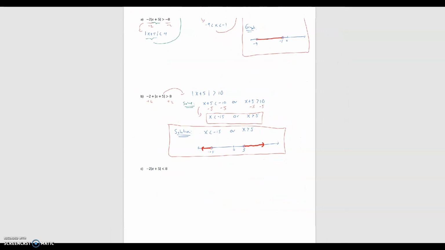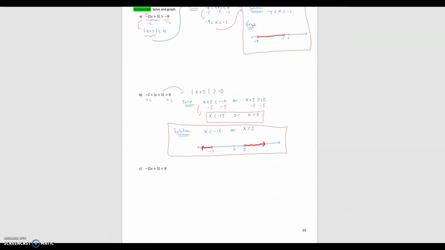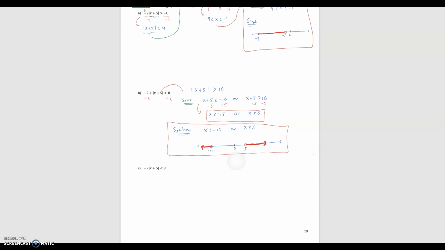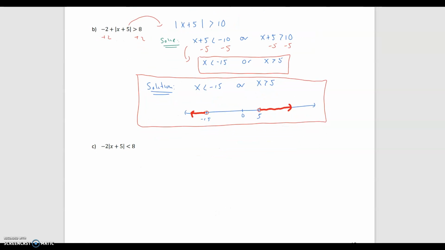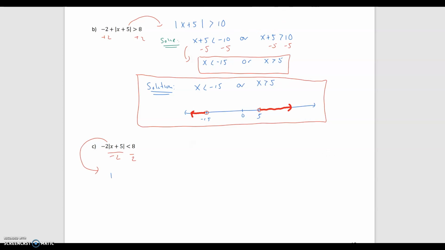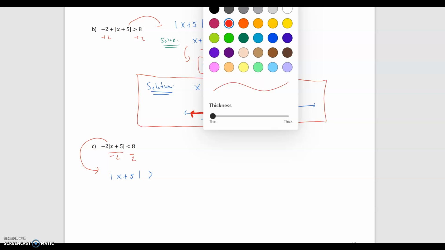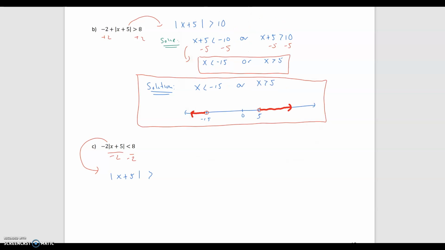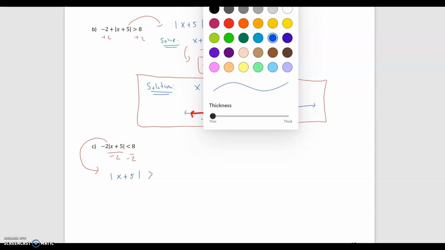Careful on C because it looks very similar to A, but observe the following. On this particular one, as we try to rewrite it and we divide by negative 2 and negative 2, we're going to end up with absolute value of x plus 5 greater than negative 4.